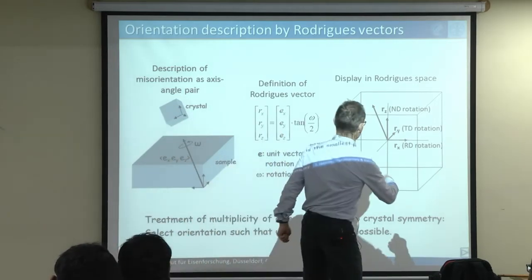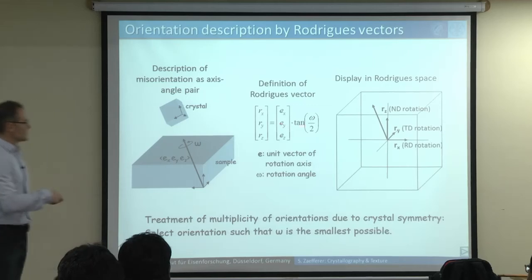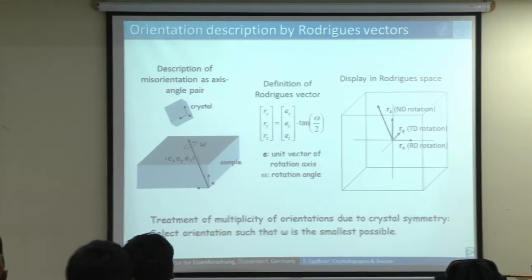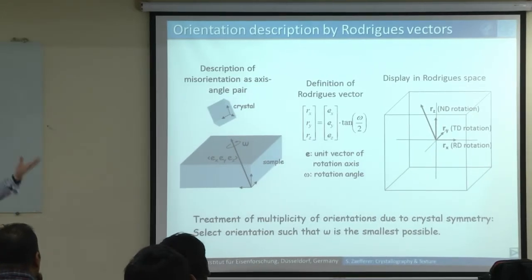And how do you actually select a unique orientation out of these multiples of orientations? You remember in cubic systems, we have 24 different possibilities to describe the same orientation. What you do is you calculate this pair here, consisting of a direction and an angle, and you will find 24 different axes combined with 24 different angles.